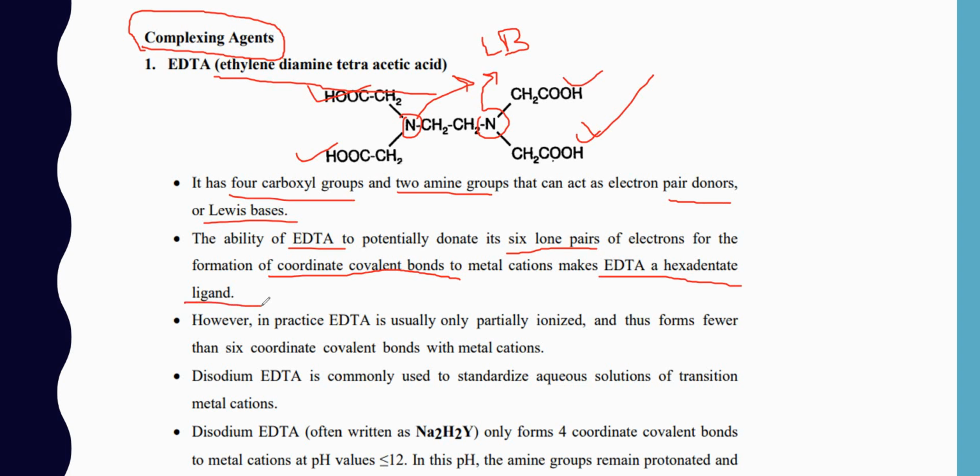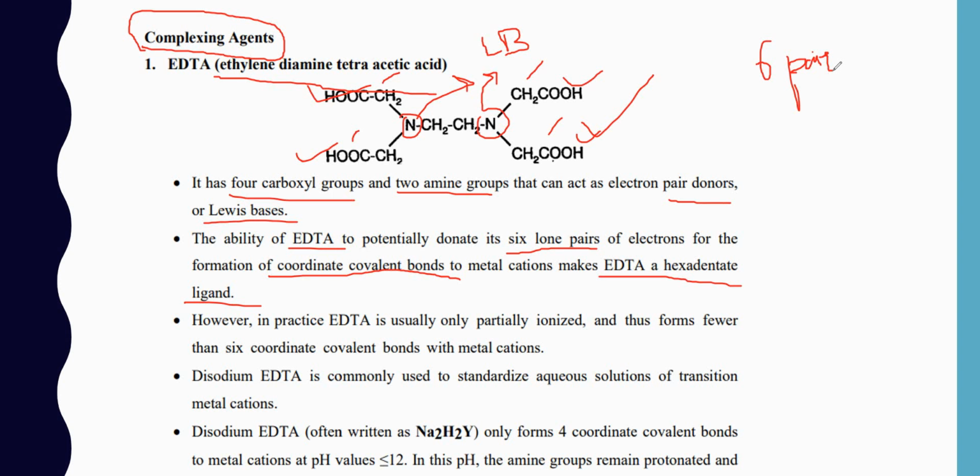EDTA has the ability to potentially donate 6 lone pairs of electrons, which is very important. The 2 nitrogens will donate 2 lone pairs of electrons, and the 4 acetic acid groups will donate 4. So EDTA has the ability to donate 6 pairs of electrons.